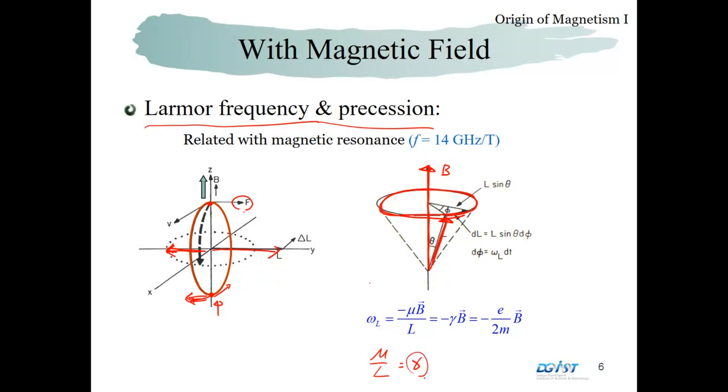And this gyromagnetic ratio gamma is charge e divided by 2 mass m. So that means this frequency, called the Larmor frequency, is proportional to the external magnetic field, and this is a given constant.